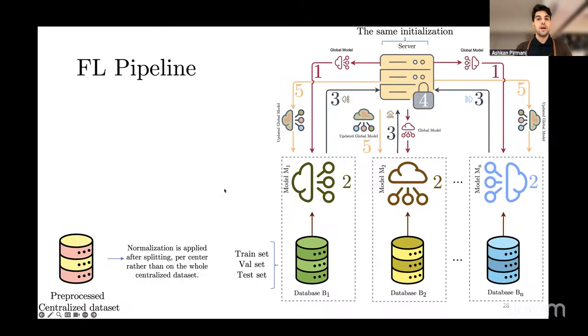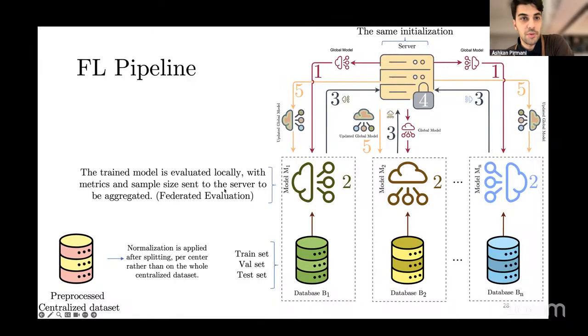We applied the normalization after separating for each center, to avoid data leakage and preserve each center's unique data distribution rather than normalizing everything in one pool. We partitioned first and then normalized per partition. The trained model is evaluated locally, so we had a federated evaluation.